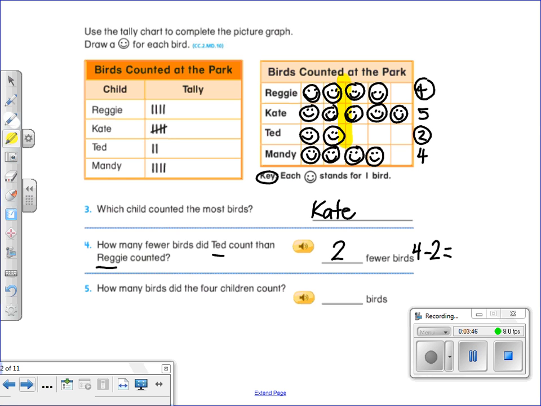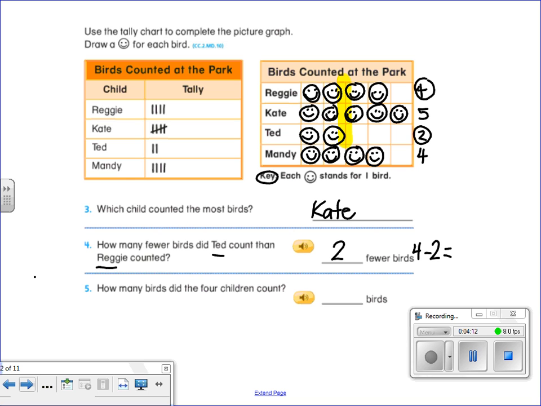How many birds did the 4 children count? So now that I have my numbers written here, what do I need to do with all of those numbers? Tim? You have to count them all up together. Okay, so I can either, 2 things I can do. I can count all the smiley faces in my picture graph, right? Or I can take all 4 of these numbers and do what with them, Megan? Add them together.